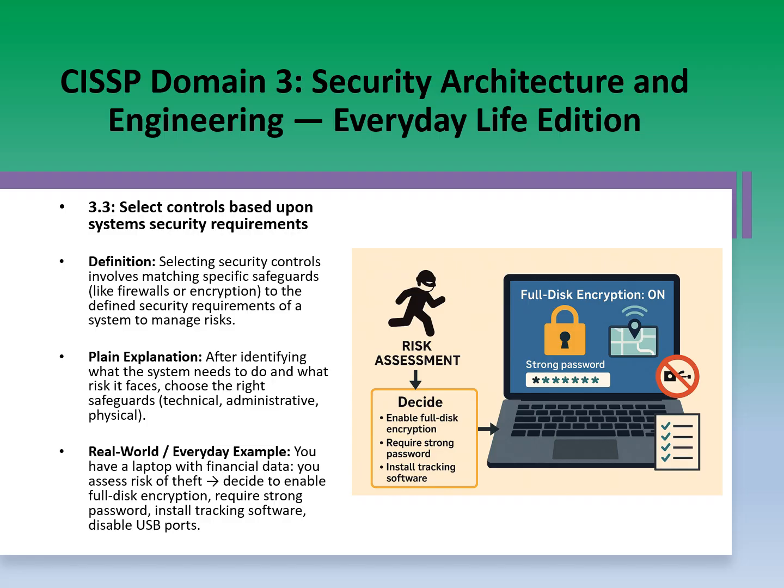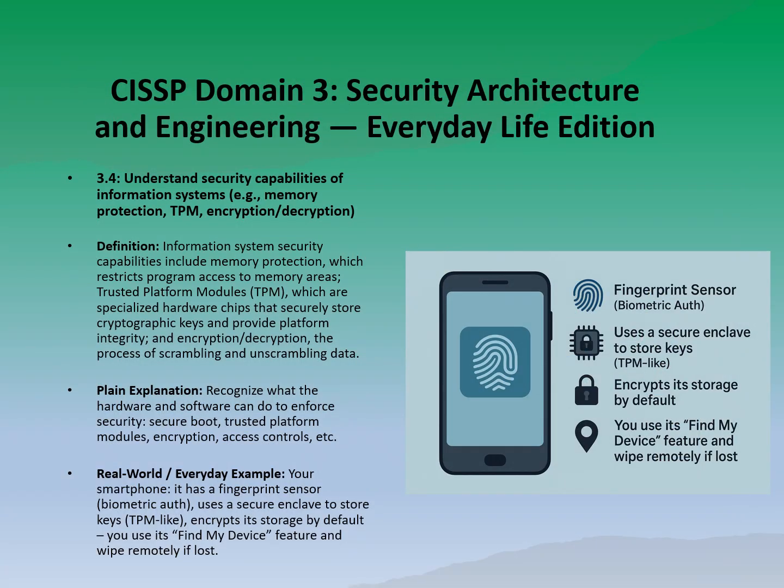Once the right controls are in place, we rely on technology itself to enforce many of them. Let's explore those built-in security capabilities. Every device, from laptops to servers to smartphones, comes with built-in capabilities that protect data. Memory protection keeps apps isolated. A trusted platform module, or TPM, secures cryptographic keys.